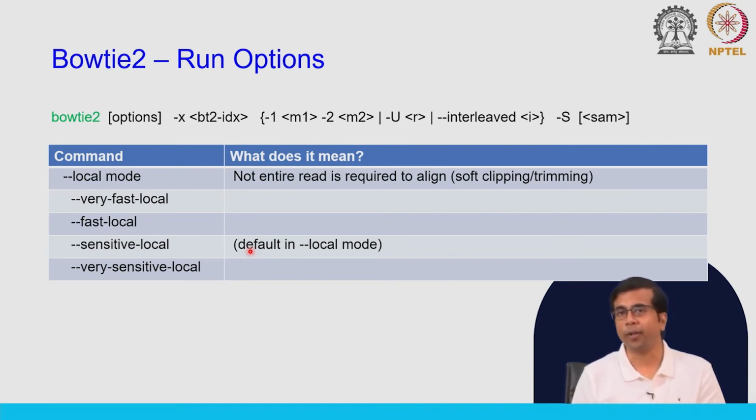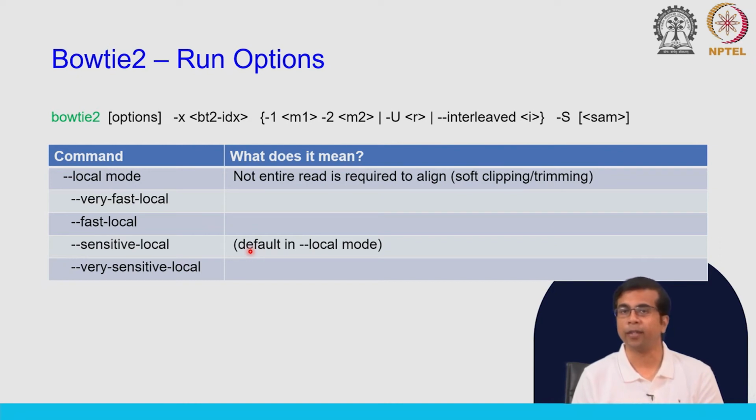If you are running in local mode, the aligner will soft clip those ends and find the best match. It will not try to forcibly match everything against the reference sequence. In that case it will probably find better matches in the reference sequence. So, in some cases this --local mode is very useful and we use this option.